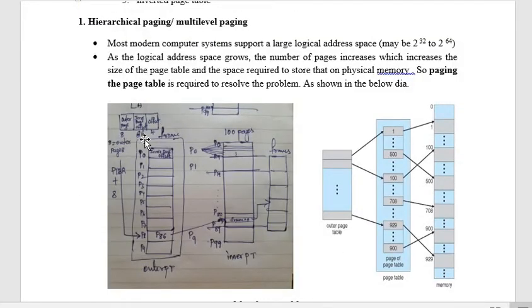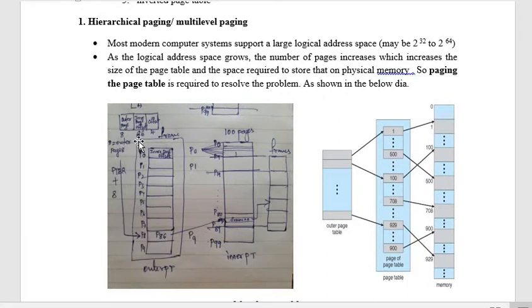So what we just discussed here: when the logical address is generated like this, the outer page index is used to index the outer page table in order to reach that particular index value. Now move to the content of that page number, which indicates that particular page on the inner page table. Say I'm looking for the 8th page in the outer page table.